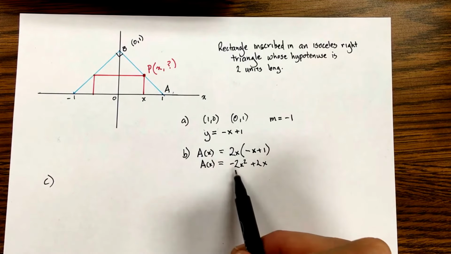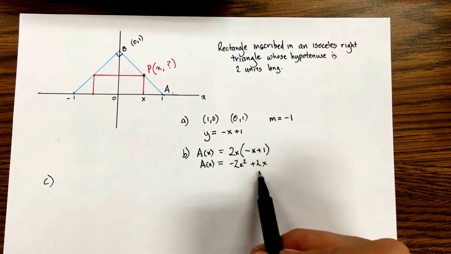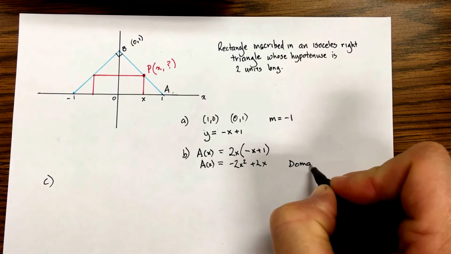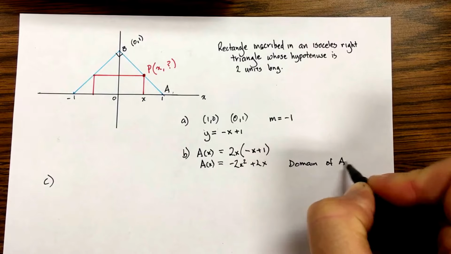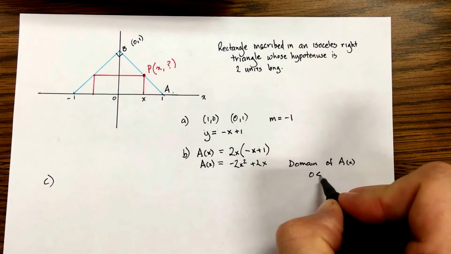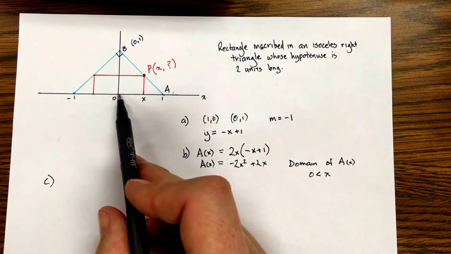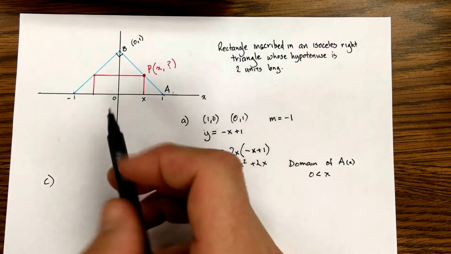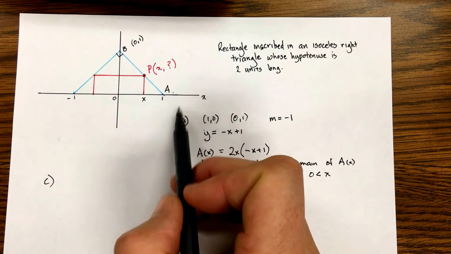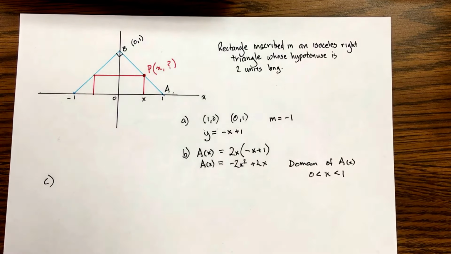Area is already a polynomial, so I don't have to worry about it being continuous, but I do have to worry about the domain of the area function. x has to be in the first quadrant. Could x be 0? No, if x was 0, you wouldn't have a rectangle. We wouldn't have any width. And if x were past 1, our rectangle would be down here. So 1 is going to be the upper bound. That may help us later.